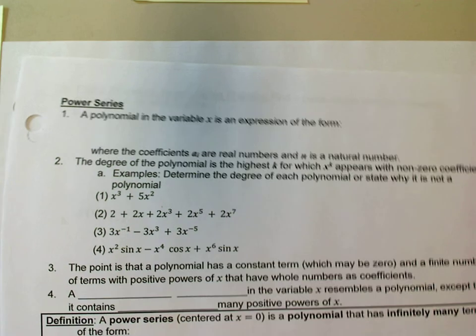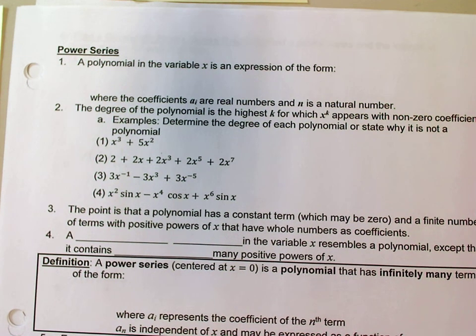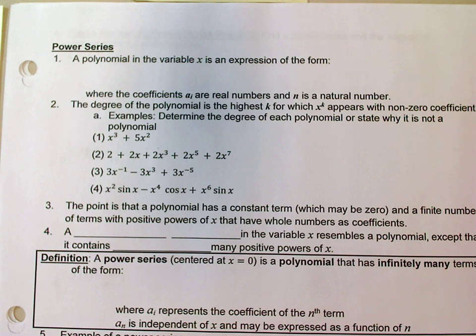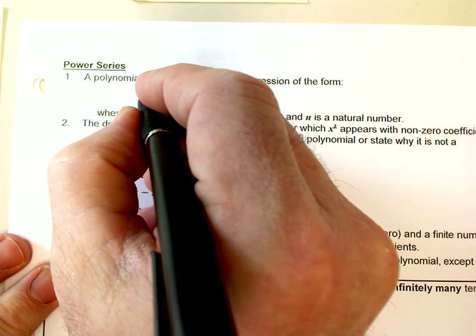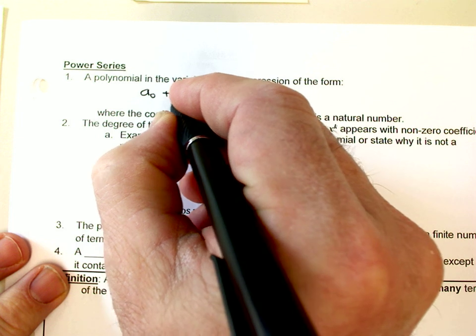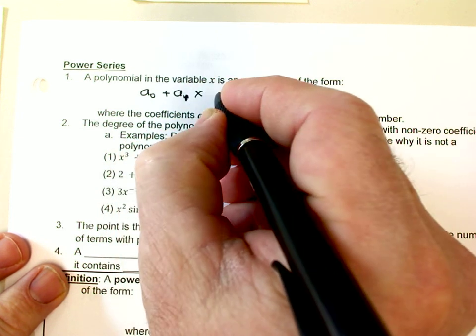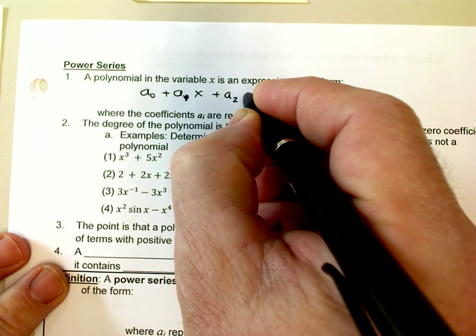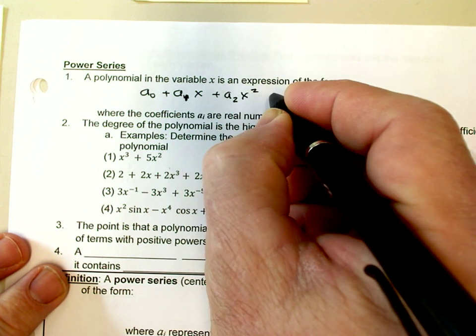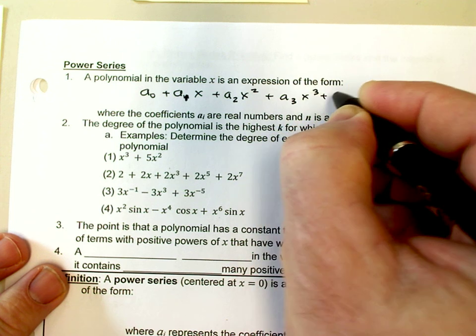Let's talk about this term power series and what it means. A power series is a polynomial which has x as its variable, and it's going to be of some form that looks like this. a sub 0, that first term, plus a sub 1, sorry, that should be a 1, times x, plus a sub 2 times x squared, plus a sub 3 times x cubed.